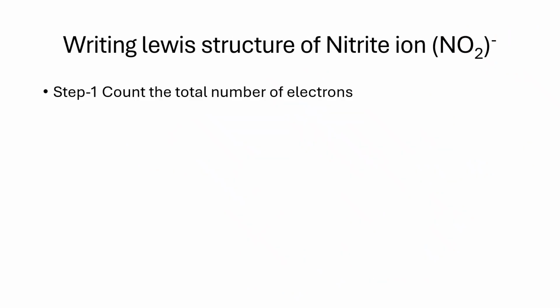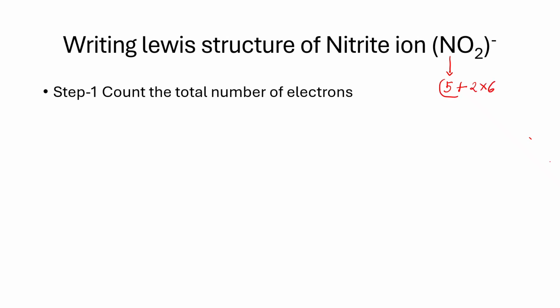So our next example is how to write the Lewis structure of nitrite ion. Again, step number one is to count the total number of electrons. We have nitrogen, which has 5 electrons, and then we have two oxygens. Each of those oxygens has 6 valence electrons.